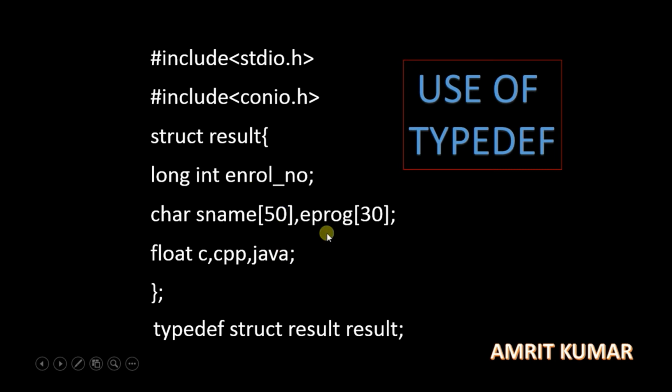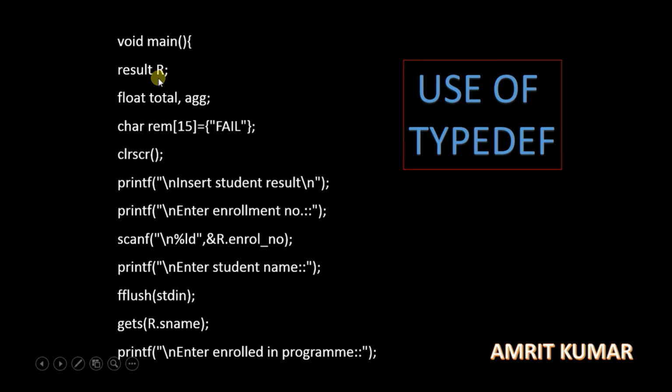So we can access enroll underscore number or any member of this data type with the help of this variable, that is capital R. So I am just accessing R dot enroll. So whatever number the user gives as the enrollment number is going to be stored in R dot enroll underscore number. And you can see here the scanf function, because the scanf function helps us to accept a value from the keyboard.